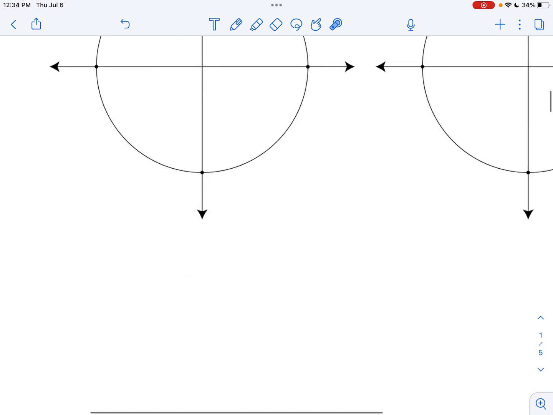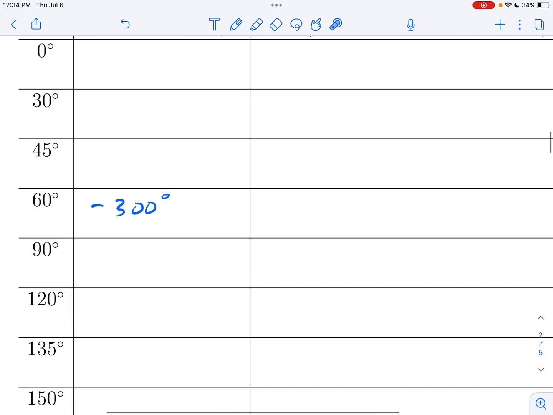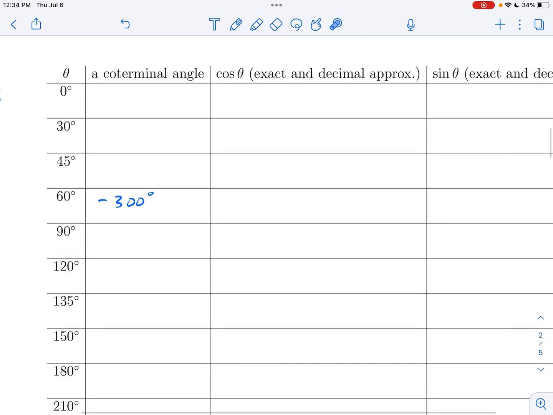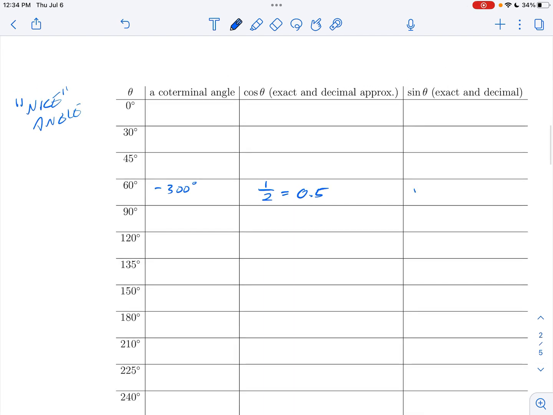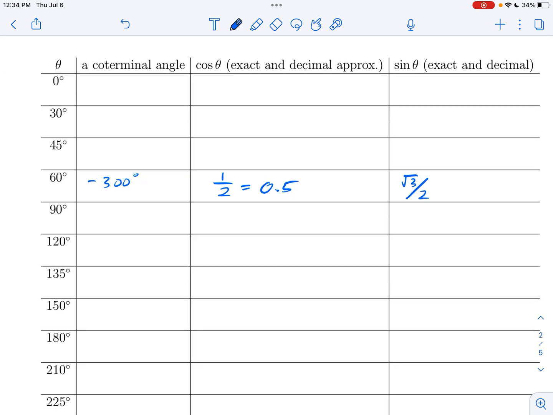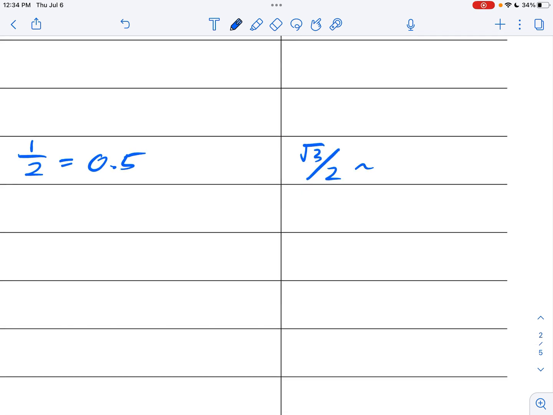So going to our table, our cosine is 1/2. Could write that as a decimal, it's 0.5. Our sine is √3/2. That's usually how we'll write this number, and it's worth understanding approximately how big that number is. It's about 0.87.